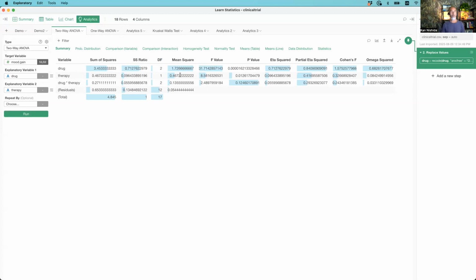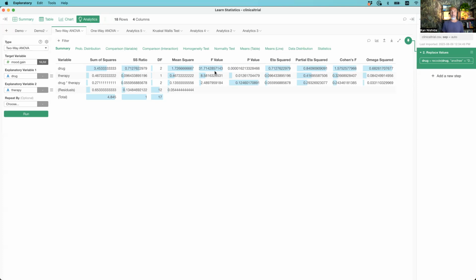The same thing goes for the therapy: the mean sum of squares, or the variance, is 0.46, divided by this residual of 0.054, so it becomes 8.58. And the drug and therapy is the same. Then we can calculate the p-value. In this case, for the drug, it is the probability of getting this F value based on the assumption of the null hypothesis.